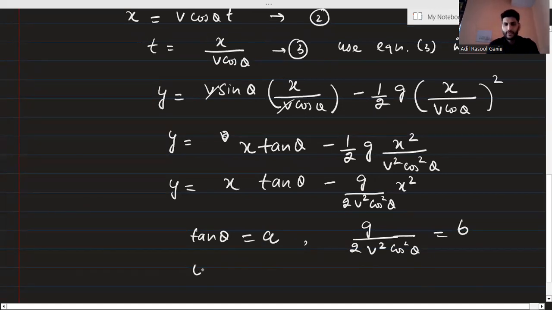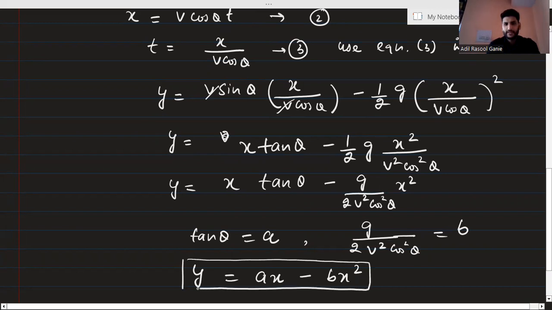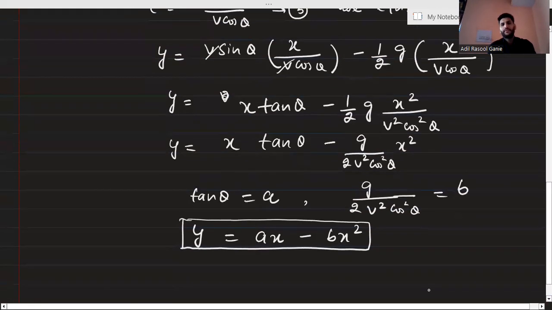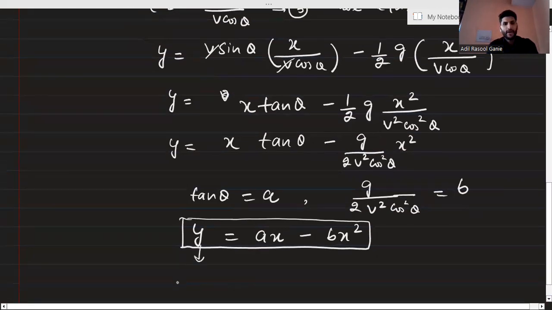So if I place this in the above equation, I get Ax minus Bx square, which signifies that this is the equation of the parabola.